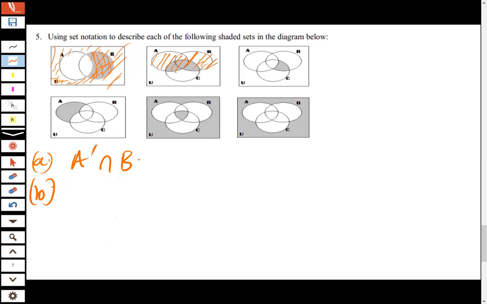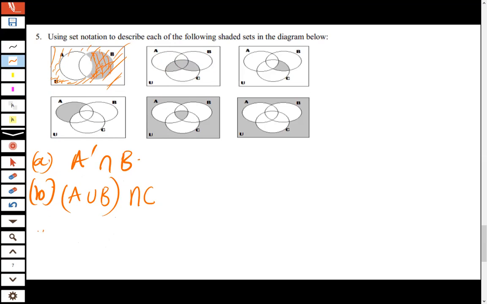When you shade this part, that is A union B. And then we intersect A union B with C. That's when you have this region shaded. So that is just A union B in brackets, and then intersection C.